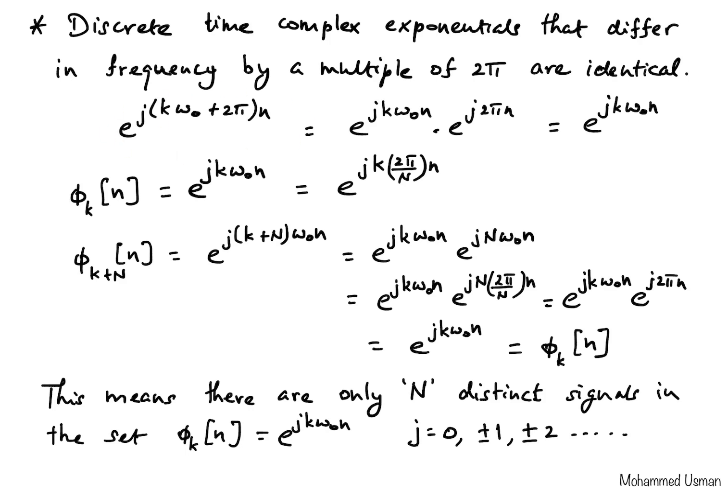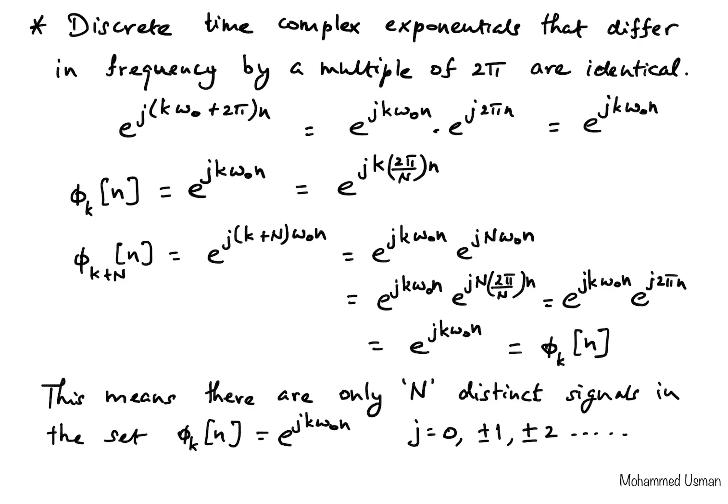So e power j k omega naught n has a frequency k omega naught. Now we shift that by 2 pi, and we see that we get the same e power j k omega naught n, because e power j 2 pi n is cosine 2 pi n plus j sine 2 pi n, which is equal to 1. So when the frequency k omega naught is shifted by 2 pi, we get back the same sequence e power j k omega naught n.